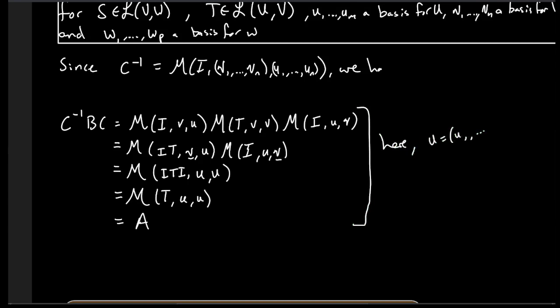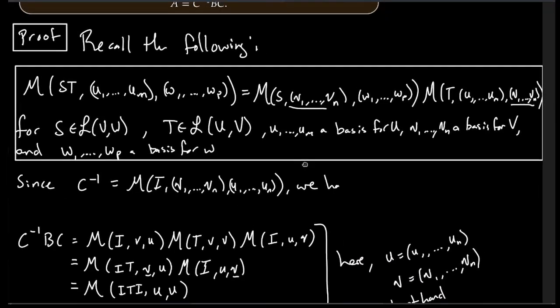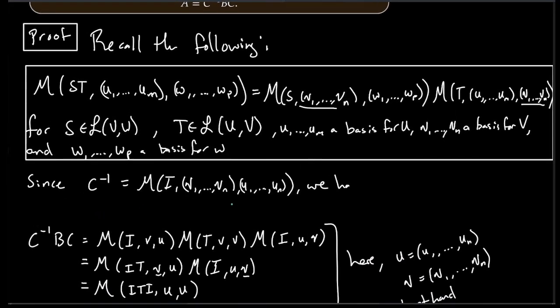Just to be clear, all the way through here, U is U1 through Un, and V is V1 through Vn. So this is just shorthand. If you don't like that, write it out with them very long, and you can just directly plug and chug from this right here and our nice fact about the inverse of the identity with respect to some bases.